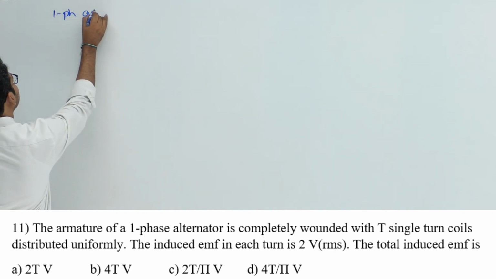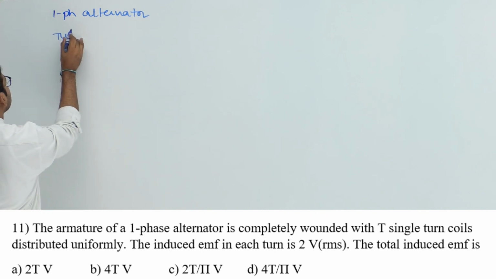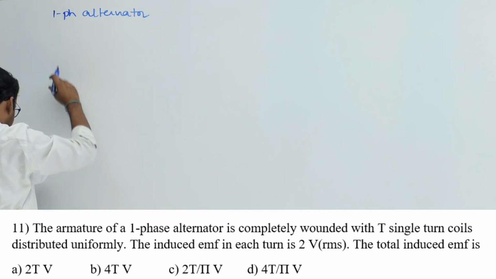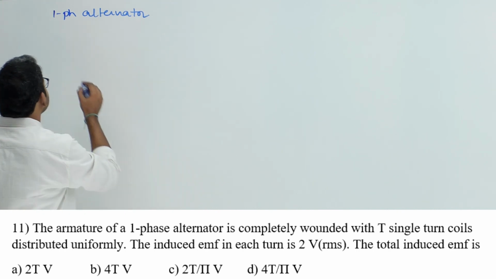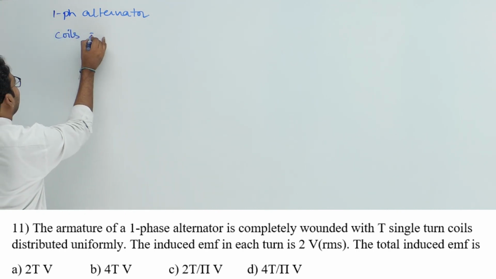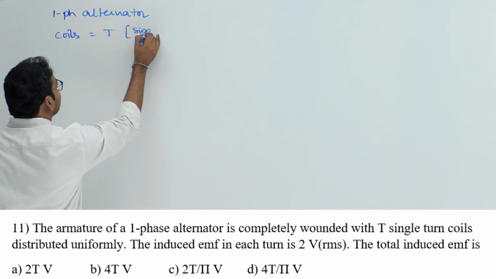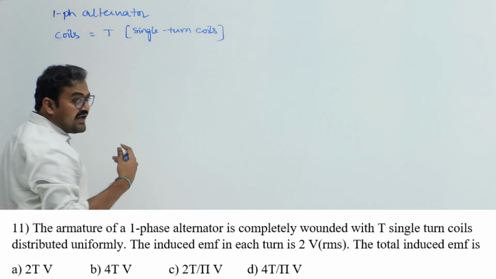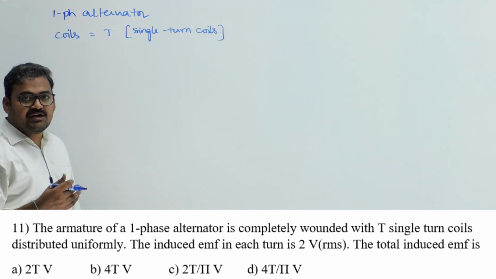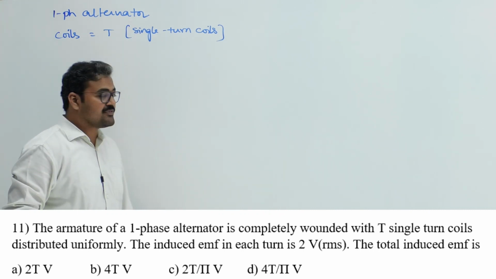Single phase alternator. Total how many coils are available? It was clearly mentioned it is completely wound with T single turn coils. Total coils are equal to T, and that too single turn coils. To calculate induced EMF, I need total coils or total turns. T always represents total turns.